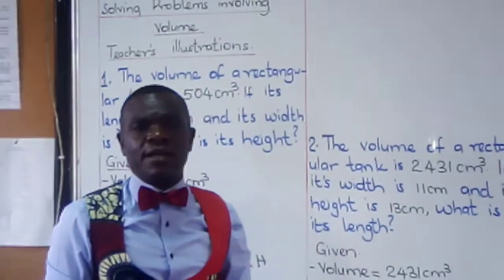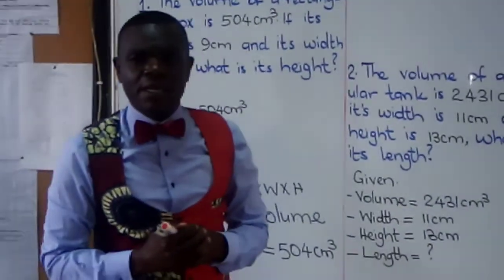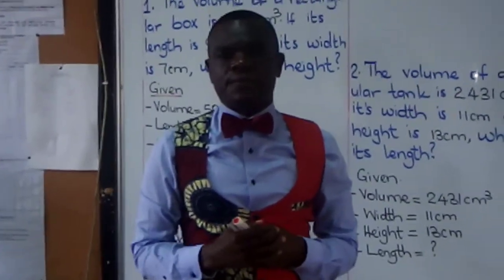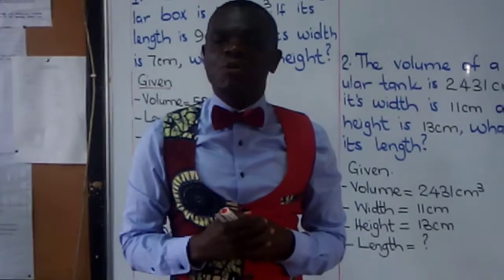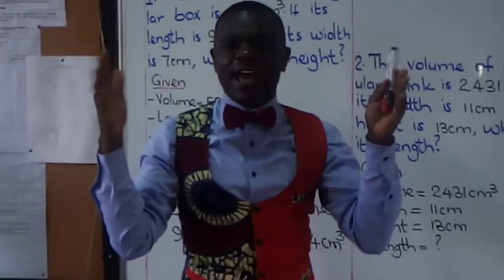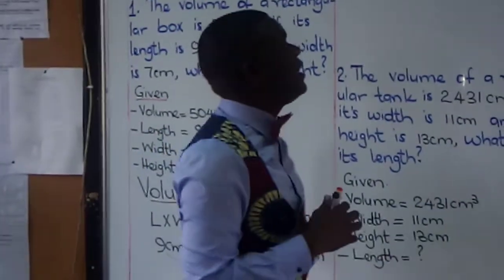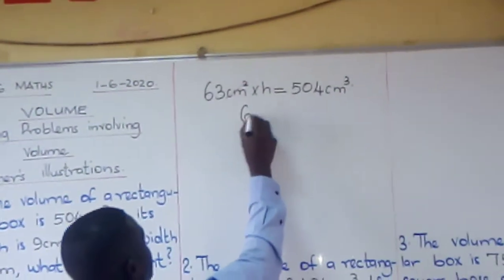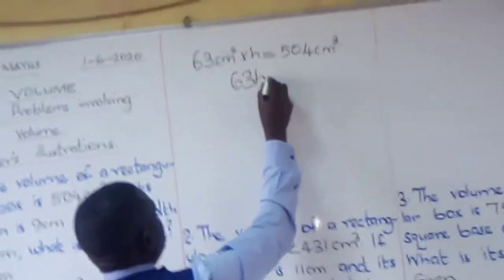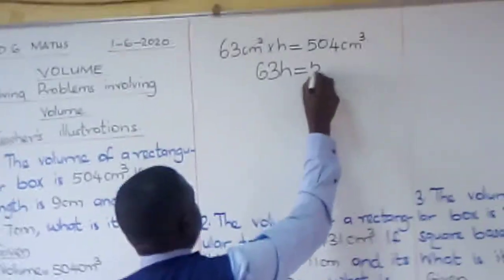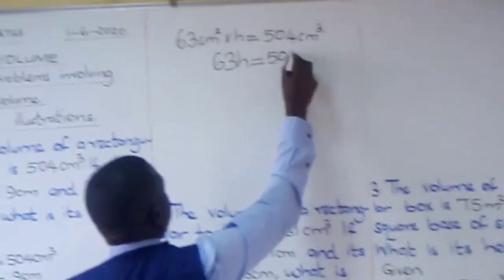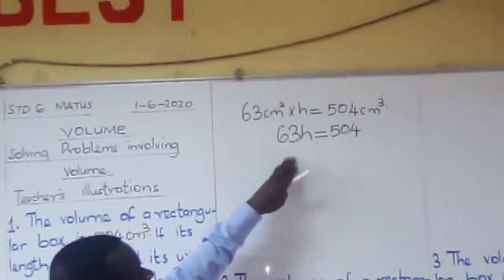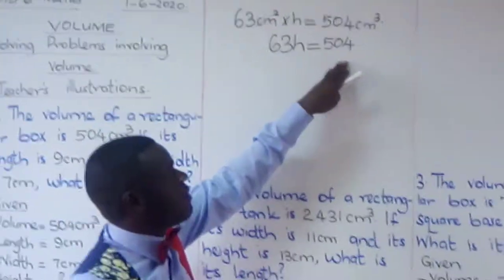Isaiah Buka, please tell me, 63 times h equals to what? Beautiful. Can we clap for Isaiah? 63 times h is 63h. We say it's equal to 504. Now we have 63h equal to 504.